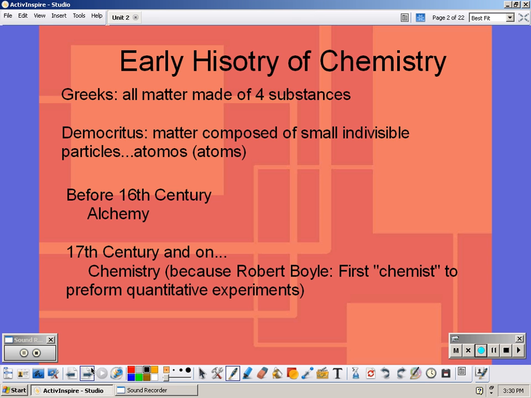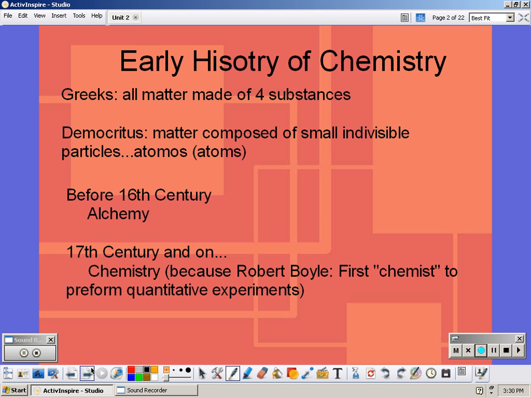So before the 16th century, alchemy was practiced, again changing substances into another substance. Taking elements and trying to make gold is one of the big points of alchemy. In the 17th century and on, chemistry was practiced, and that's because of Robert Boyle.